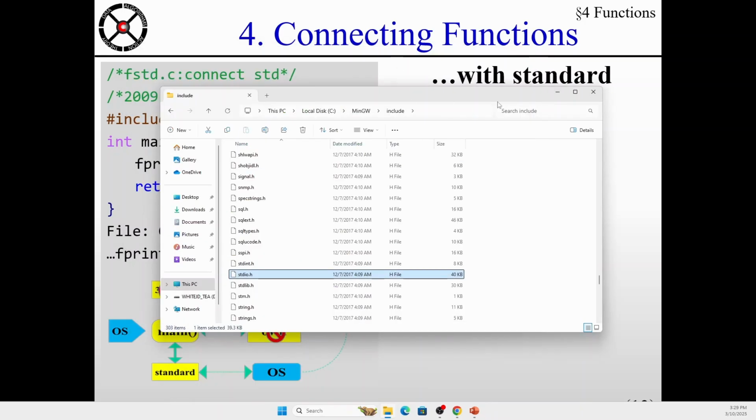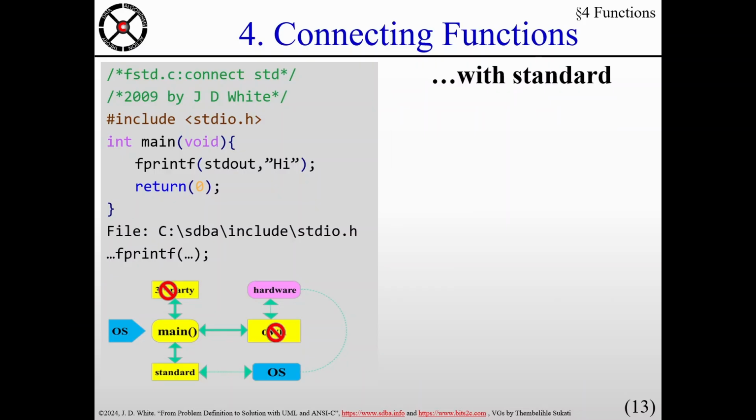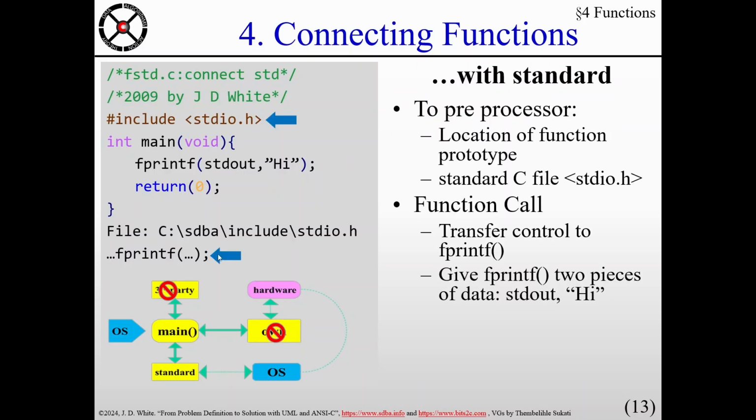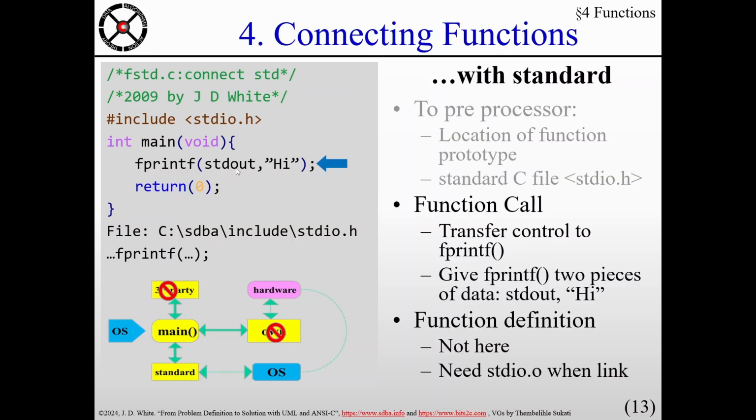Okay, moving back to our connection of functions. We have, it's located here, and we have our call statement. The function call, here fprintf, in this case the function call requires two pieces of information.